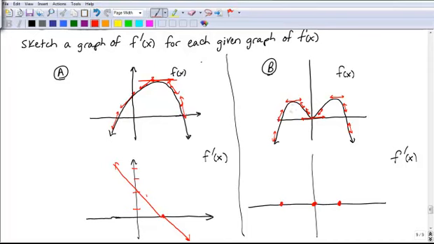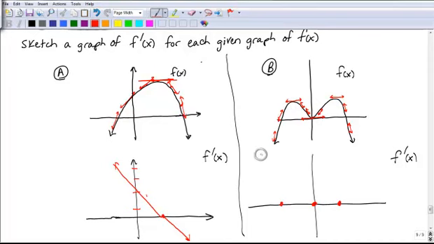And then we can look at what's happening to the tangent lines around it. So here's the first 0, and we're going to look to the left of it. So this is the first place where the slope is 0, right here, to the left of that. That's a positive slope to that red line, and it's a big positive slope. And as I move to the right, notice the slope is still positive, but now it's smaller and smaller until it hits 0.